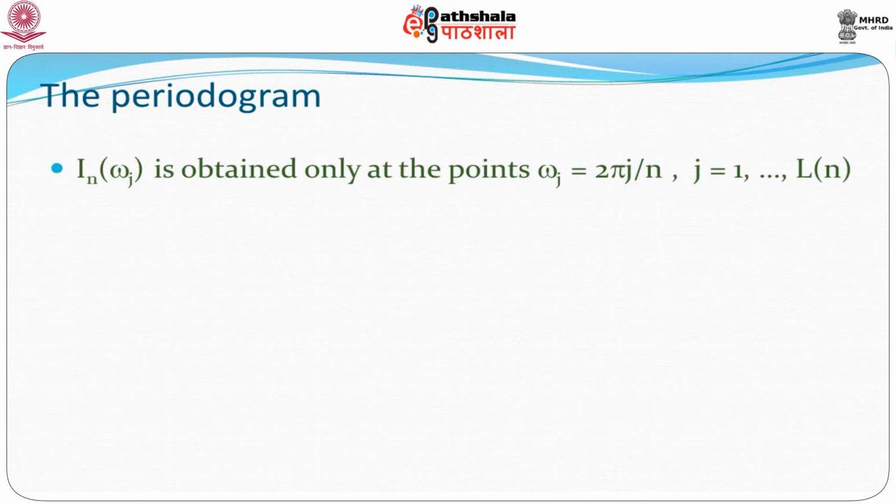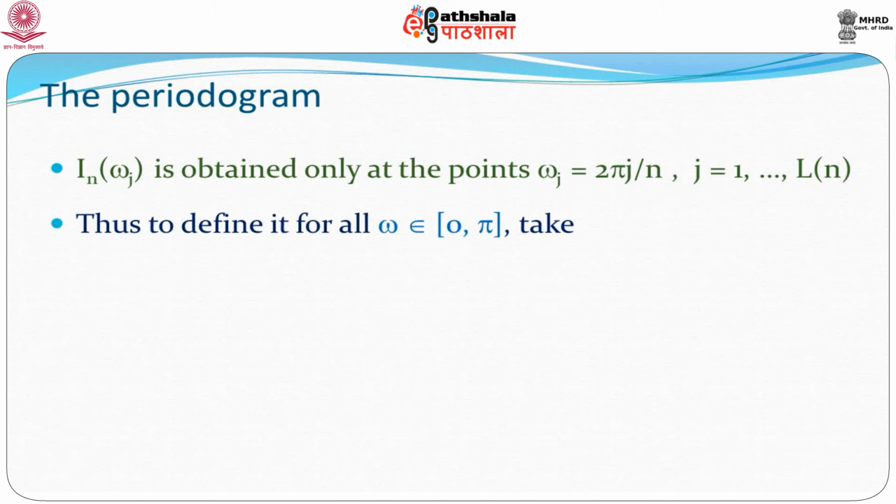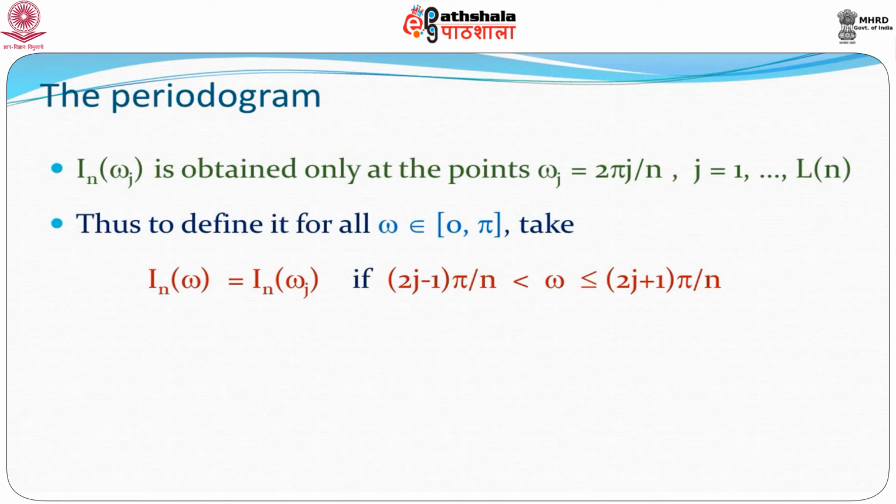Now, this I n omega j is obtained only at the points omega j equal to twice pi j by n. So, it is not smooth, it is just very discrete specific values. If you want to define it for all omega, there is a very crude way of doing it. We take I n omega to be equal to I n omega j if omega lies in the interval twice j minus 1 into pi by n to twice j plus 1 into pi by n. So, basically we have a terraced function.